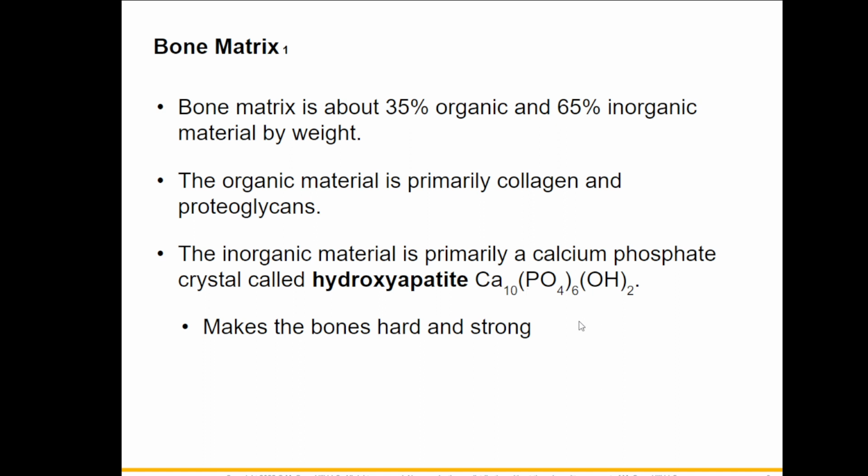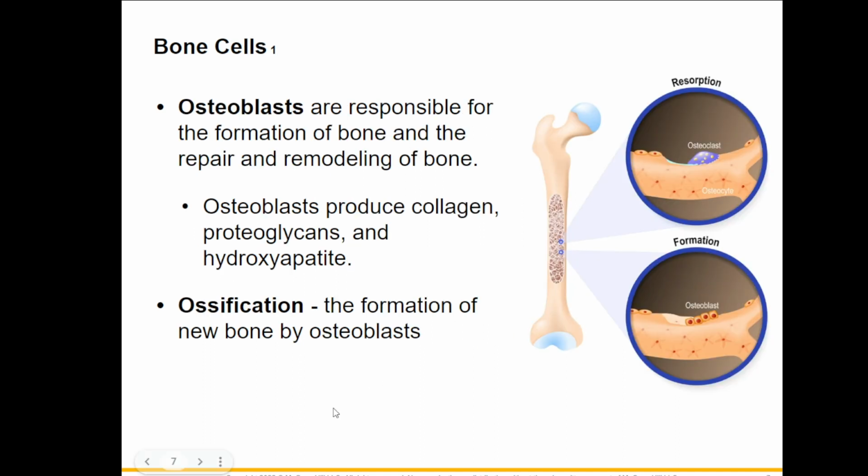Now, in terms of the cells found in the bones, we have several. And we'll start it off with your osteoblasts, which is found here at the bottom. So remember, when we have the word blast, it means that it is responsible for formation. So in this case, osteoblasts are responsible for bone formation.